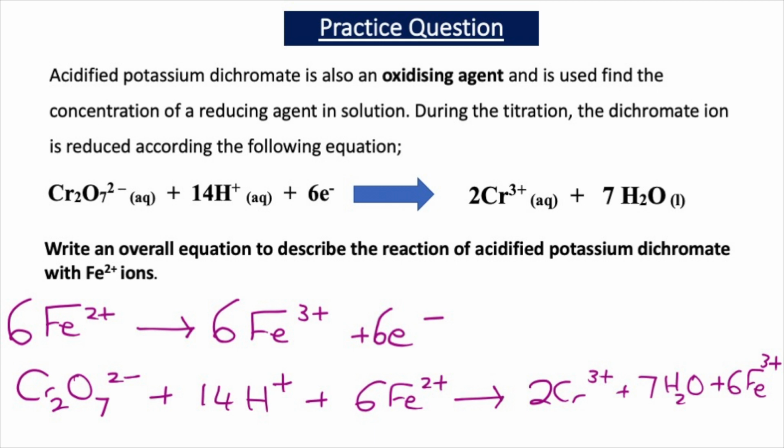In calculations, I will very often work out the moles of dichromate from titration values, and then I can use this to work out the moles of Fe2+ present, because from the equation I can see it's a 1:6 ratio, so all I'd have to do is times it by 6. So this is why the overall equation is important. It tells me the ratio of dichromate, in this case, to Fe2+.